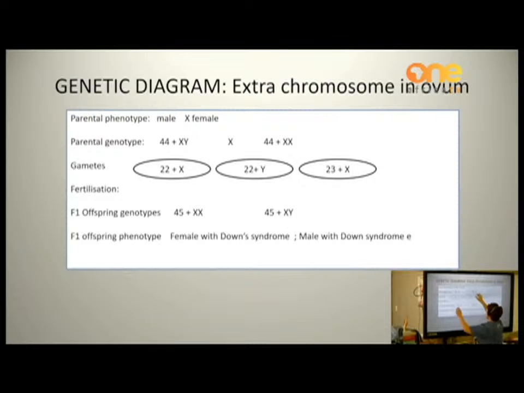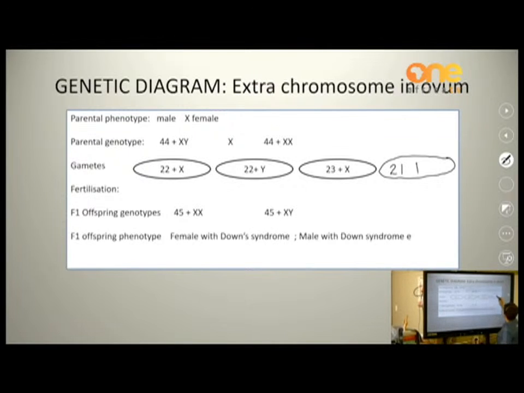Now, they separate, and instead of having 22 plus X, there's 23 in the one chromosome, and in the other one, how many will there be? There will be 21 plus X. You see? But that one is not viable. So we ignore that one. That's not enough to have fertilization even taking place, or rarely take place.